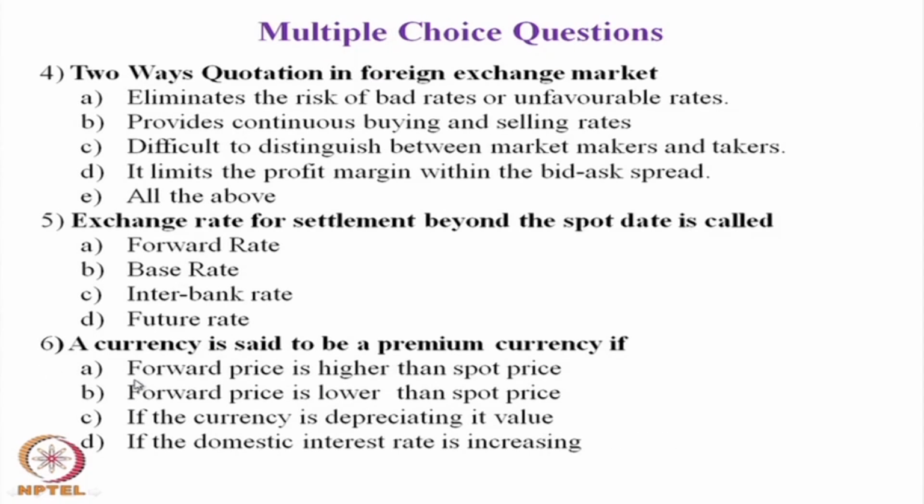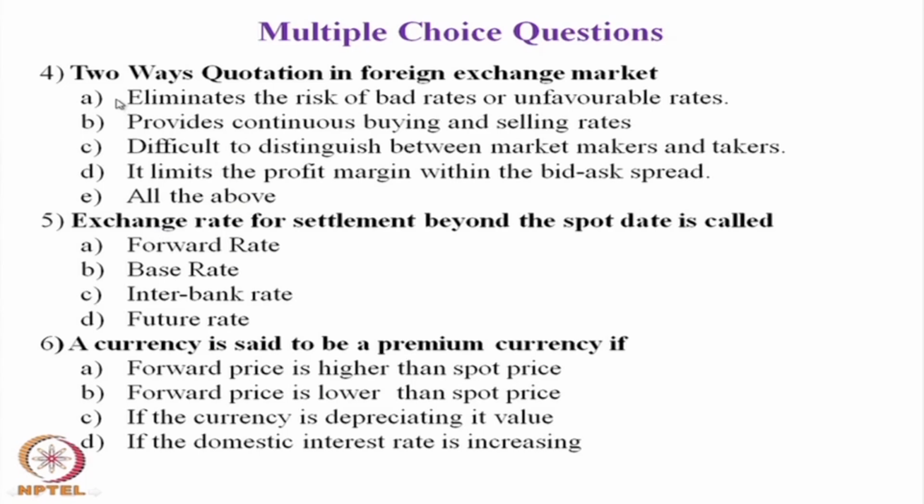Let us move to question number 4. Question number 4 is two-way quotation in the foreign exchange market. Two-way quotation means buyer's quotation and seller's quotation, the bid-ask spread. The answer is E, all the above.